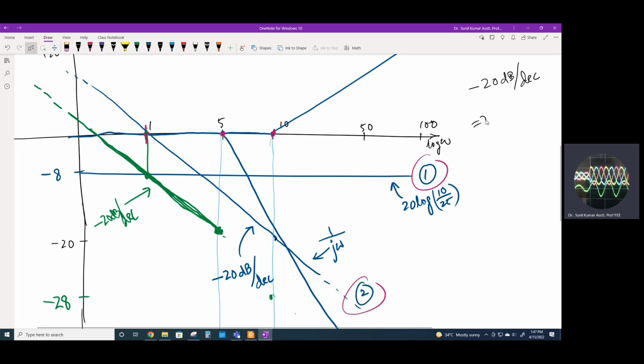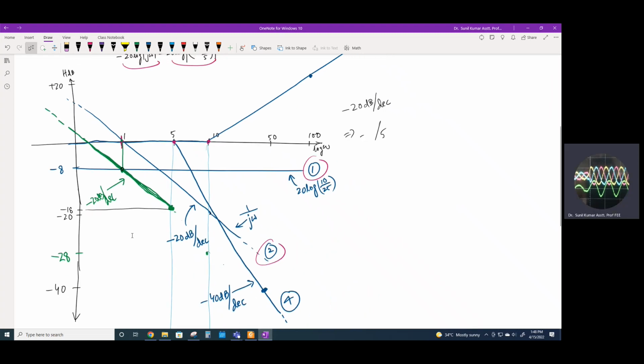So I think we can approximate that for a factor of 5, this should reduce by about minus 10 dB. So when at omega equals 1, it is minus 8, at omega equals 5, it should go to minus 18, roughly about there.